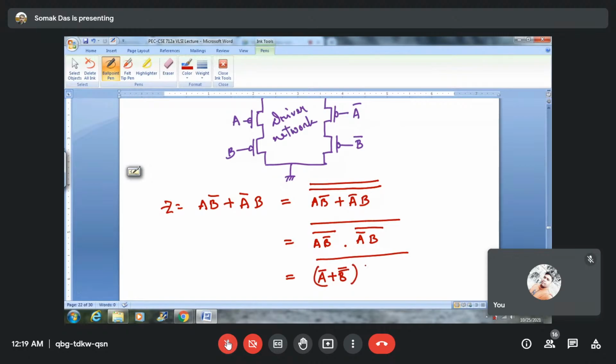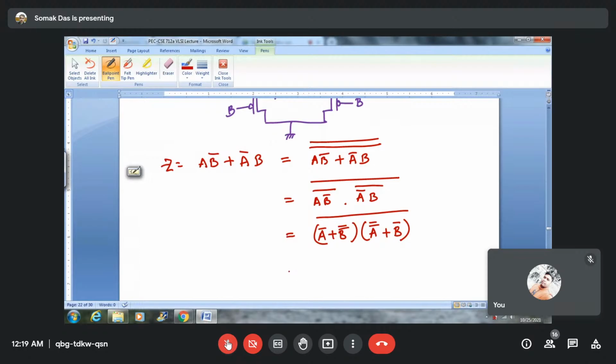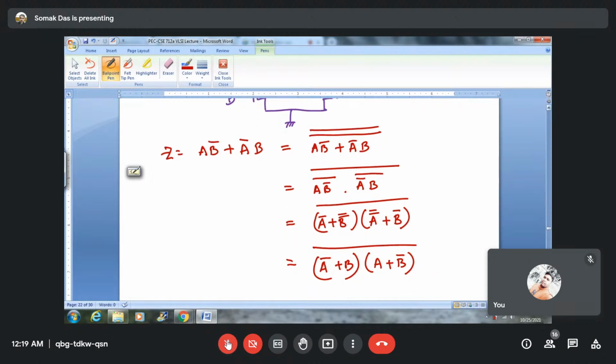This into remains. Here, A double bar plus B bar. So ultimately, it simplifies to A bar plus B, A plus B bar. Is it clear? Did you understand what I have done? Yes, sir. Clear. Okay, fine.